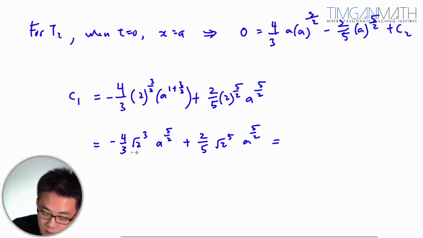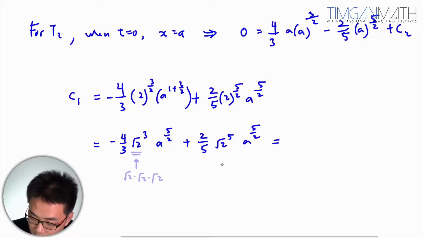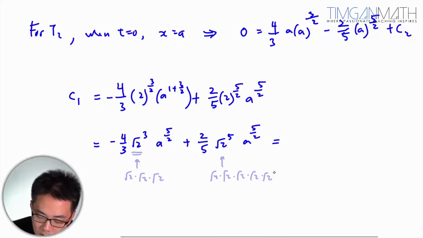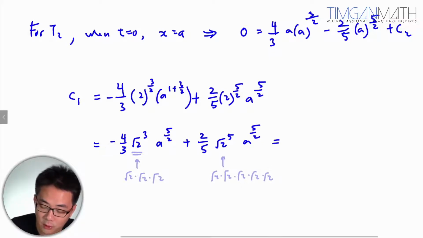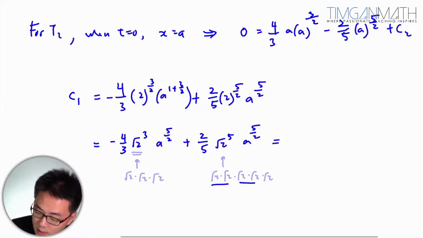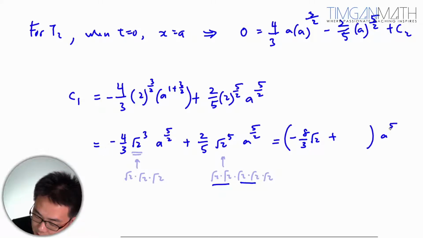You have to know how to change this. Root 2 to the power of 3 is just root 2 times root 2 times root 2, and root 2 to the power of 5 is root 2 five times. So this is actually 4 root 2, and this is 4 root 2 as well. So this is minus 8 over 3 root 2 plus 2/5 times 4 root 2.